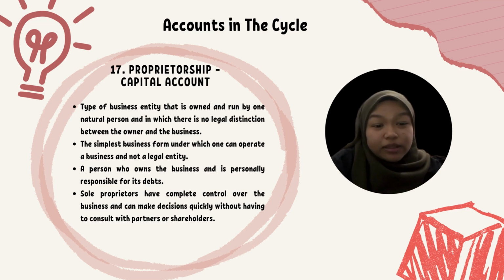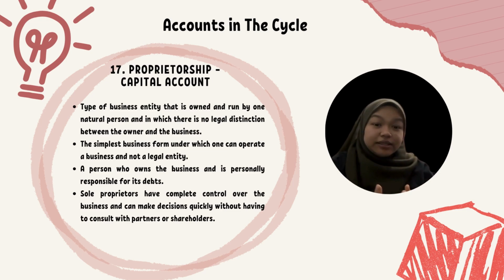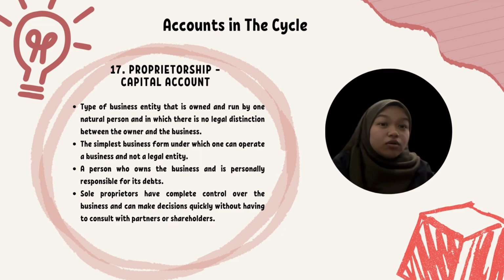A sole proprietorship is owned by a single individual who makes all the decisions and assumes all the risks and responsibilities of the business. Legally, the business and the owner are considered the same entity. This means that the owner is personally liable for all debts and obligations of the business.